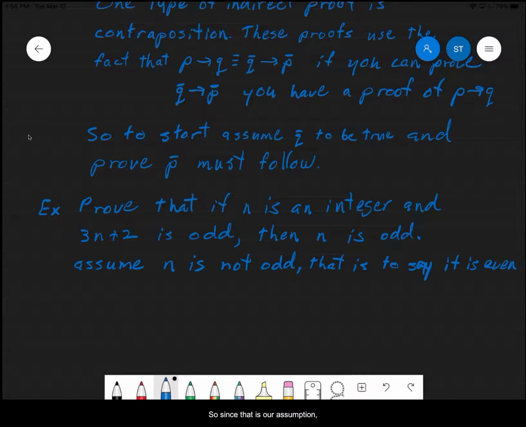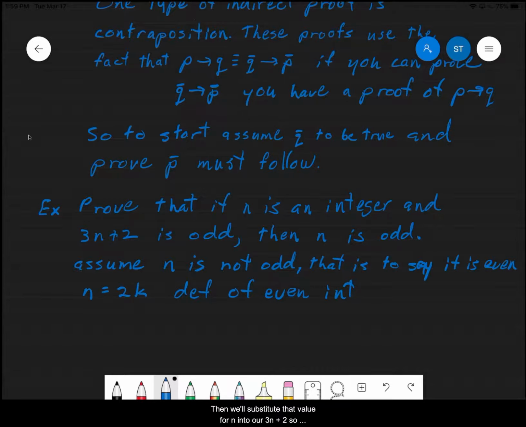So since that's our assumption, we'll say n is equal to 2k. 2k is the definition of an even integer.